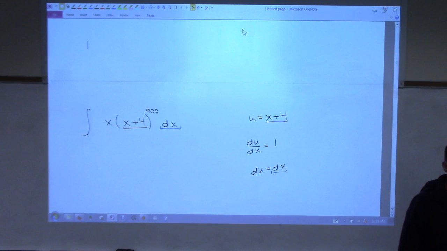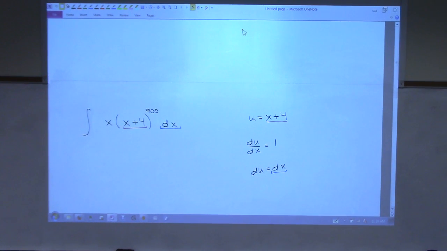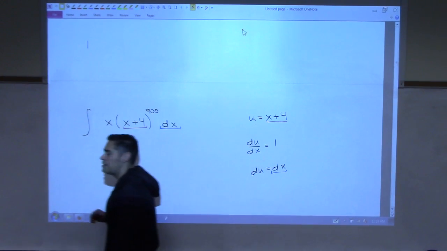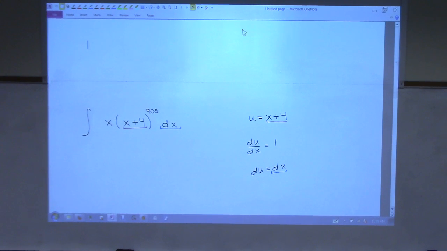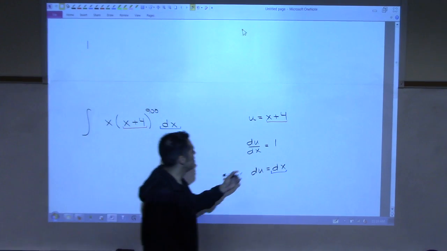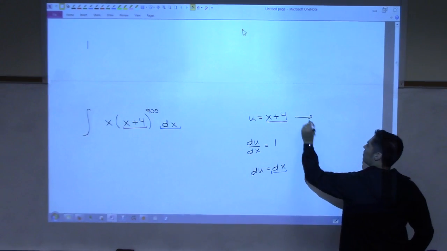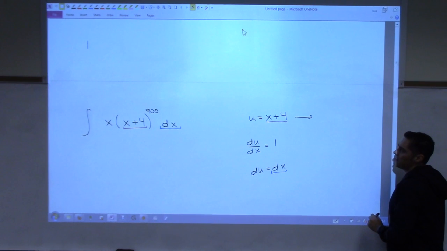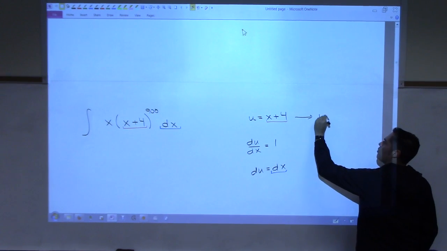Anyone see what I can replace that x with? Something with the 900. The new integral has to have u's in it. U minus 4? Where'd you get that from? Yeah, look at this equation up here. Don't we have an equation that relates u and x together? If I ask you to solve that for x, you would say u minus 4, wouldn't you?